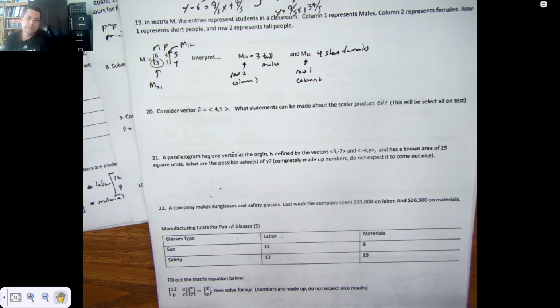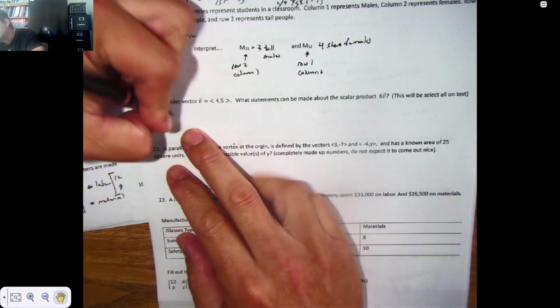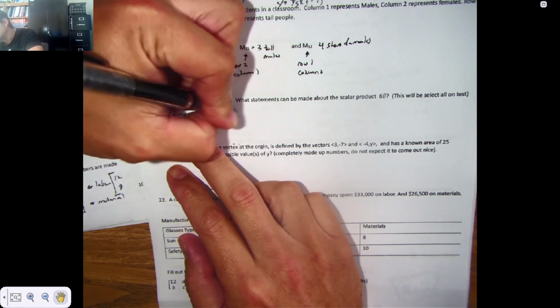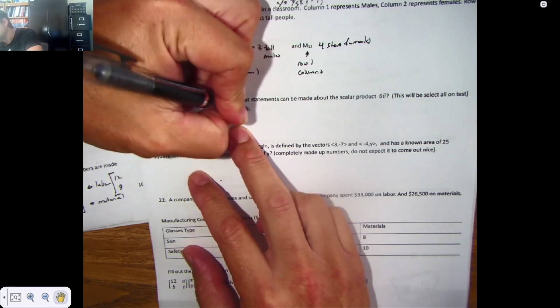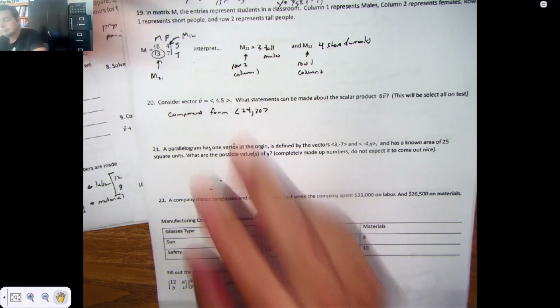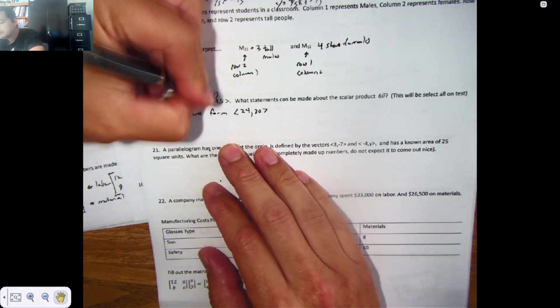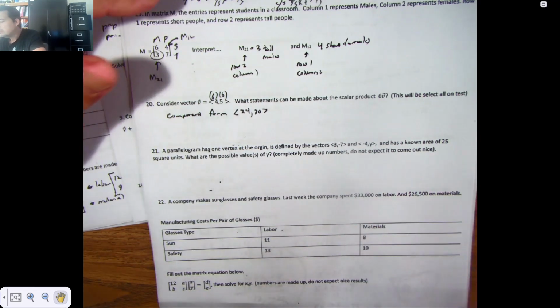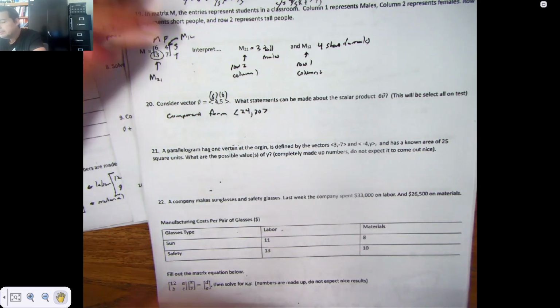All right, consider vector v. She's 4, 5. What statements can be made about the scalar product 6v? So your component form is going to be 24, 30, because I just multiplied both pieces by 6. Now, I did this yesterday. I don't feel like running it through today. It's a multiplier of 6.